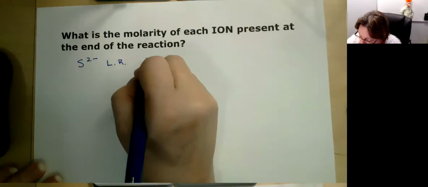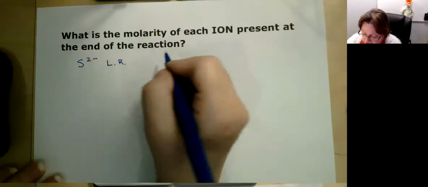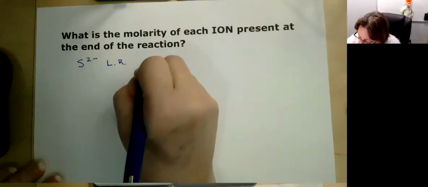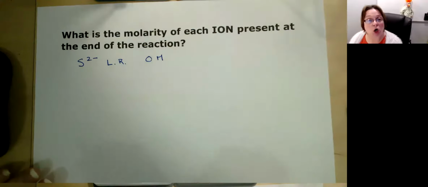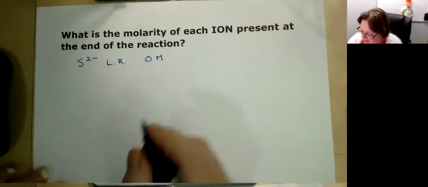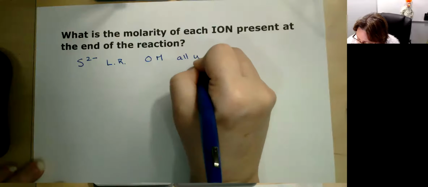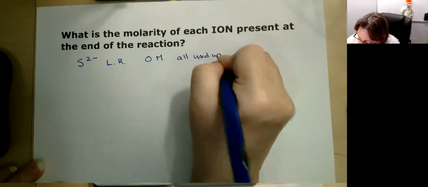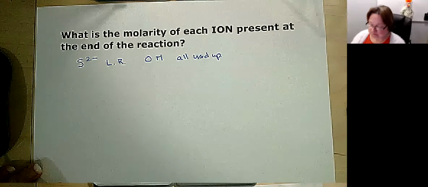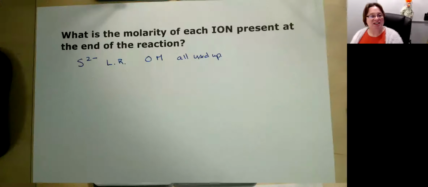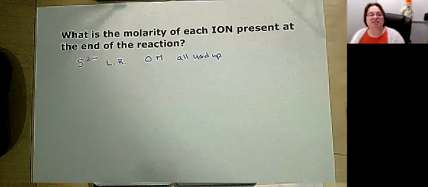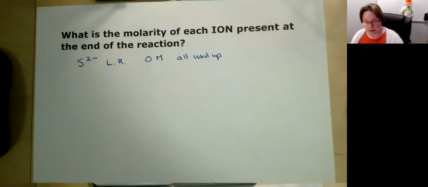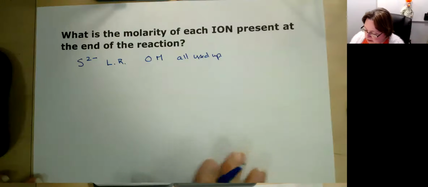So what that means is at the end of the reaction, the concentration or the molarity of the sulfide ion is 0 moles per liter, right? Because it's all used up. That's what a limiting reactant is. It's all used up. That's our definition of a limiting reactant. Okay? It's all been converted into that solid. It's not gone. It's just no longer existing as a free sulfide ion swimming around in our bucket.